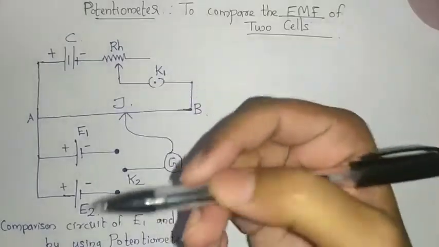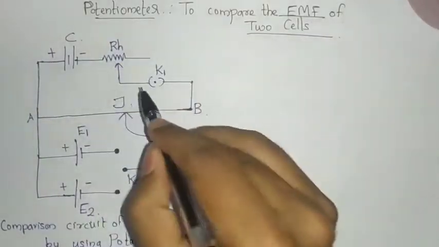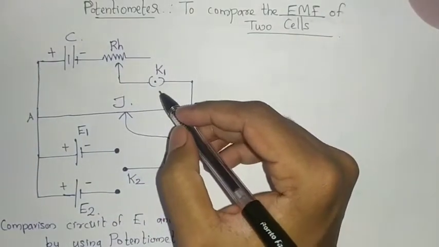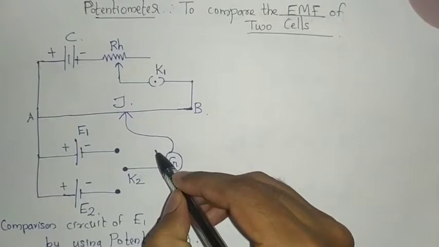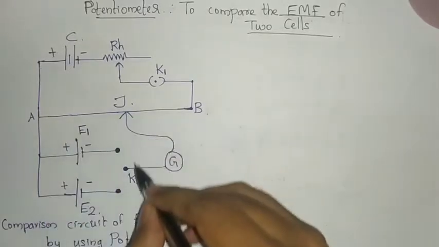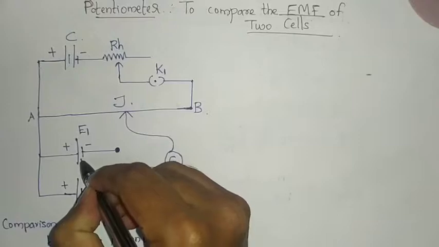When we are putting the plug into K1, it means the switch is on, and we allow the current into the main circuit. Now by switching on the one-way key K2, we allow the current in the secondary circuit with the help of the cell E1.